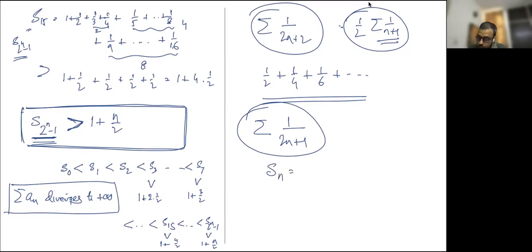The nth partial sum here would be 1 by 3 plus 1 by 5 plus up to 1 by 2n plus 1, which is greater than 1 by 4 plus 1 by 6 plus up to 1 by 2n plus 2. So I have reduced each term a little bit. And this is adding half at the beginning.